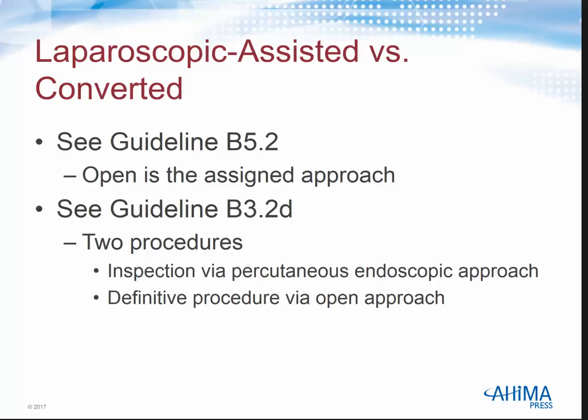So coding guideline B5.2 states procedures performed using the open approach with percutaneous endoscopic assistance are coded to the approach open. Then we have guideline B3.2D, which she also talks about, with two procedures.